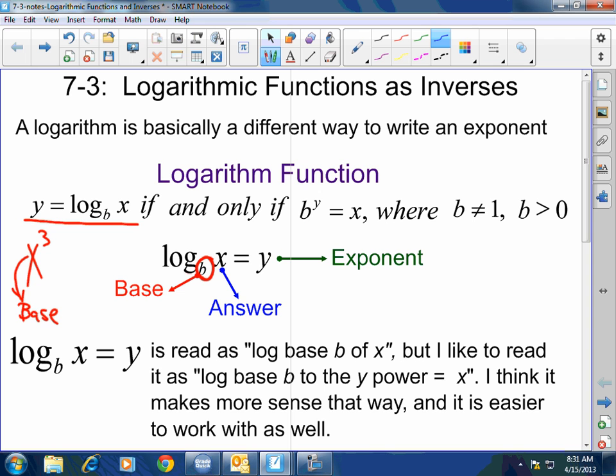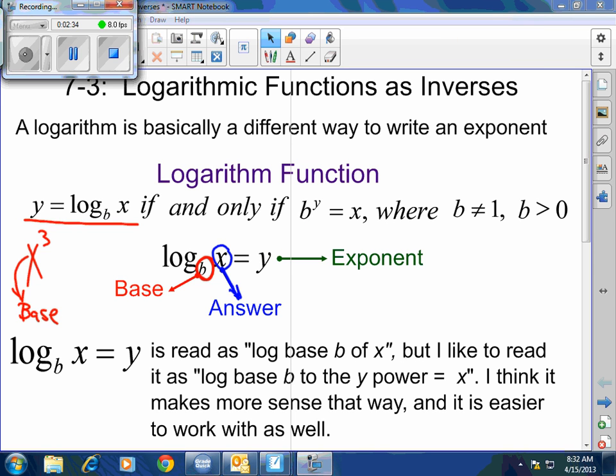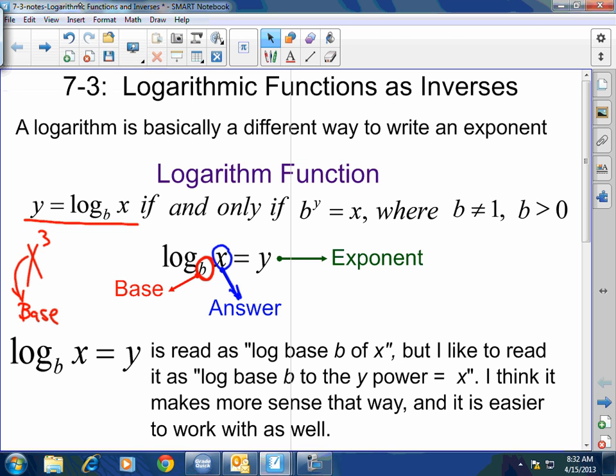Then we have the answer, okay? X, this time, is the answer. Remember, we are inverting this. Okay, sorry about that. So remember, x is the answer here. It's not the independent variable. Remember that I just said that the log is the inverse of the exponential. So if we invert it now, this time the x is the actual answer, okay?